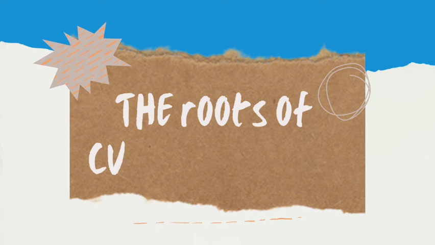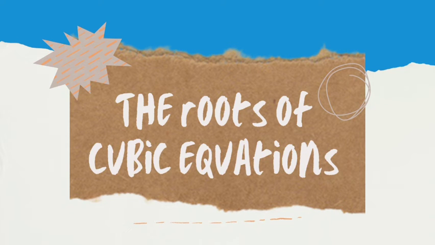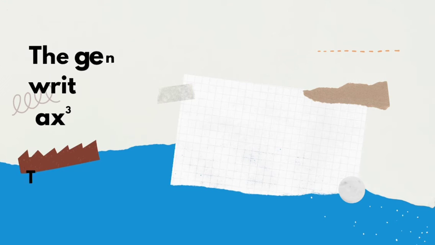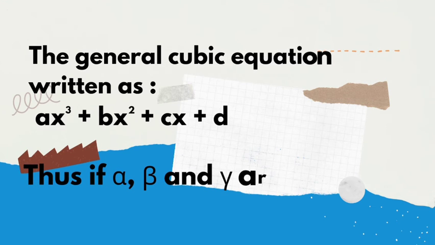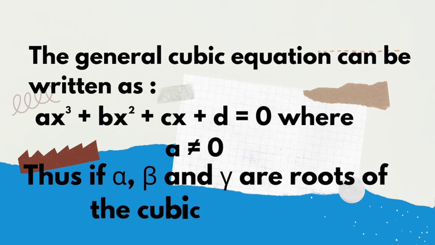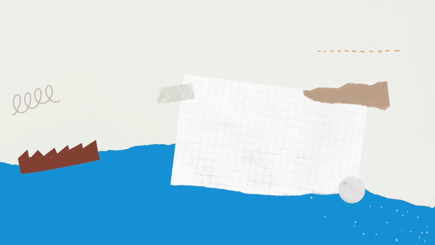The roots of cubic equation. The general cubic equation can be written as ax raised to 3 plus bx squared plus cx plus d is equal to 0, where a is not equal to 0.